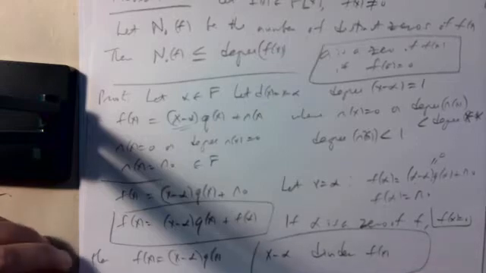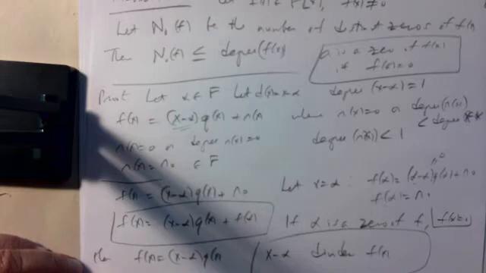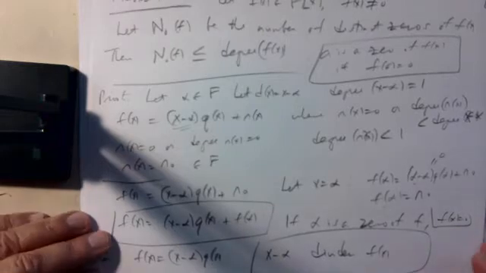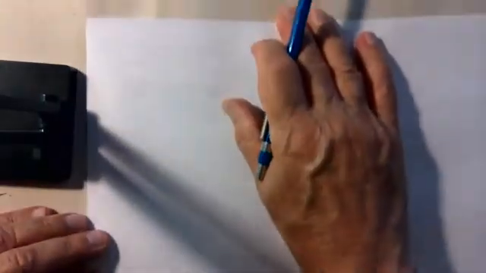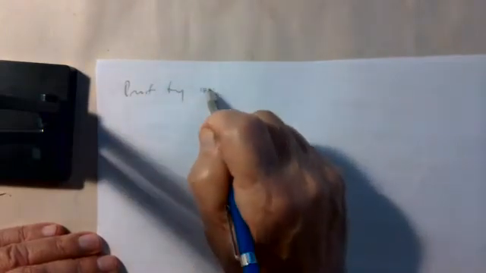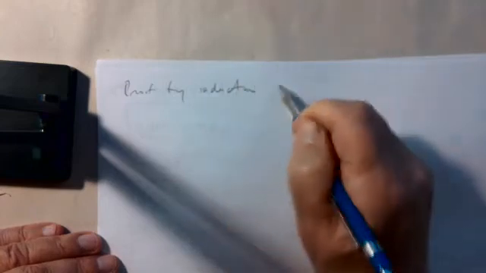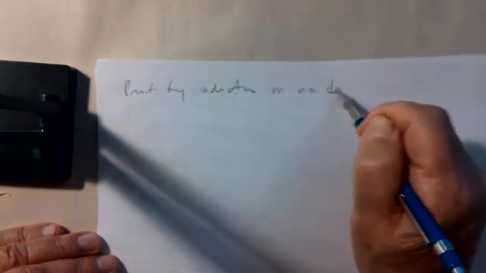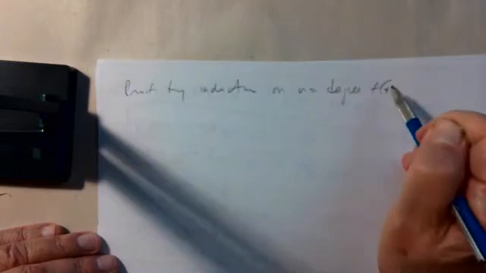So now you might see what's going on. x minus alpha divides f of x. If you had another zero beta, x minus beta would also divide f of x, and so on. But let me just write that out in detail. So we're going to prove the theorem by induction on n, which is the degree of f of x.